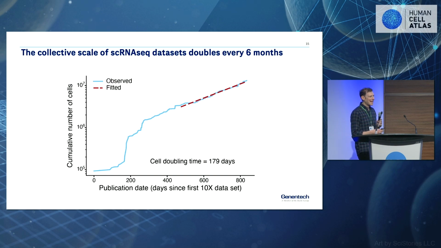As we track data sets, we can see that the number of studies, and also the number of cells, is doubling about every 6 months. So when I think about integration, I want to think about integration of all of these studies. How can we put all of these studies to work? It's not just a few studies at a time, but as this curve grows, in another 6 months and then 6 months beyond that, how can we keep up with that?